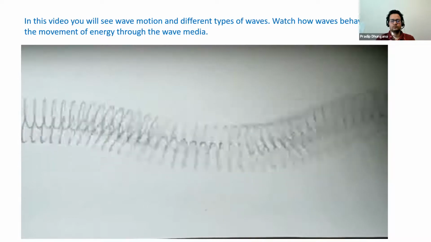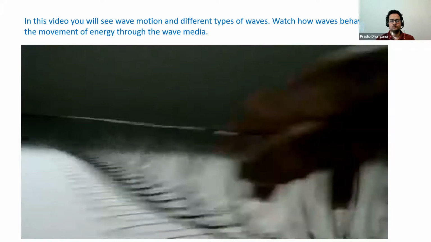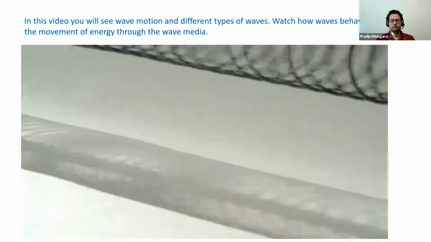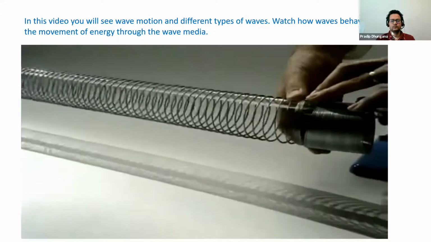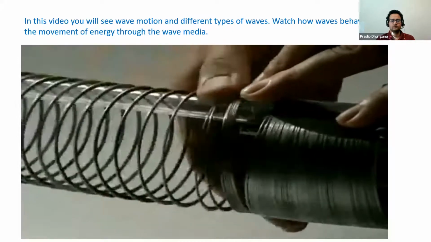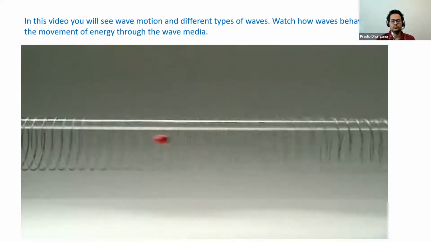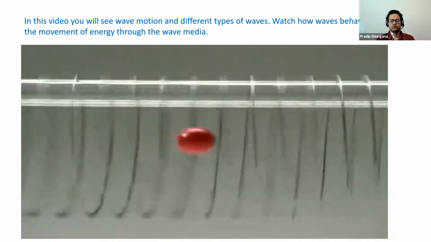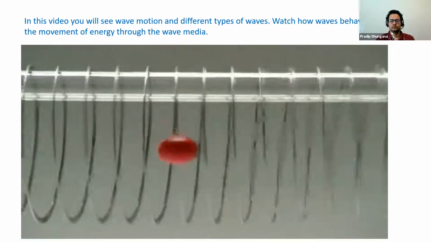You can produce a simple transverse wave by moving a spring from side to side. Another type of wave is given a different name. This time a pulse is sent along the line of the spring. It's called a longitudinal wave. Fix a marker to one part of the spring and you can see that once again there's an oscillation. But this time the motion is backwards and forwards.